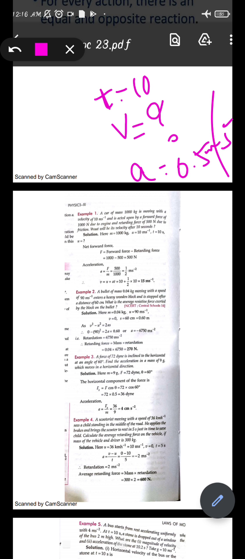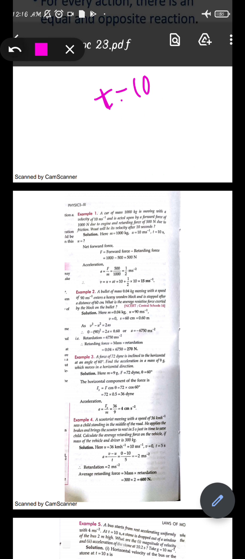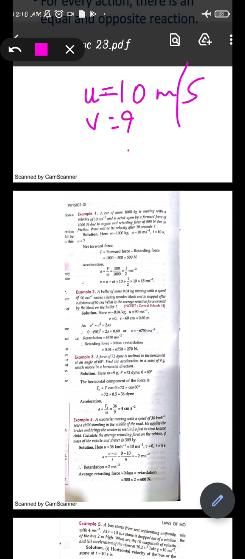Now, when the body started, it started with a velocity of 10 meter per second, so that is the value of u. So u is given, t is given as 10 seconds, and we also have the acceleration, 1 by 2.